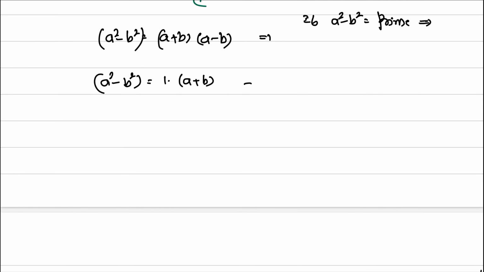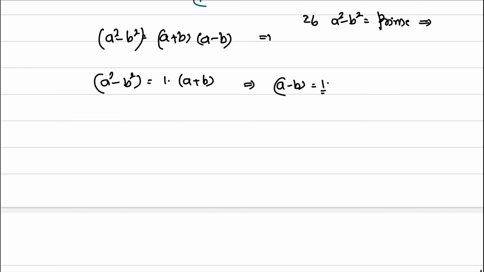That implies a minus b is equal to 1, because a prime will not have a factor other than the number itself or 1. So a minus b is equal to 1.